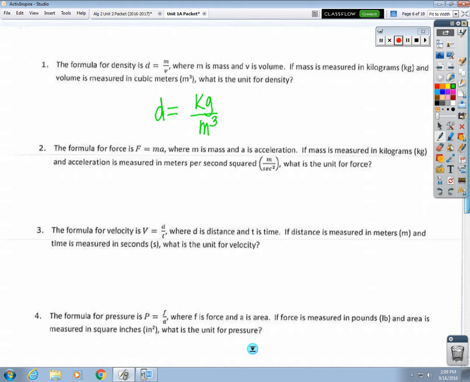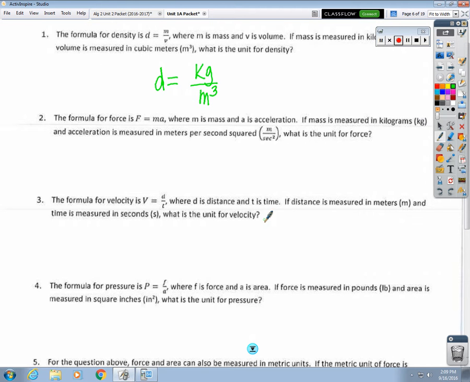Okay, so let's look at number 2. The formula for force is F equals ma, where m is mass and a is acceleration. If mass is measured in kilograms and acceleration is measured in meters per second squared, what is the unit of force?